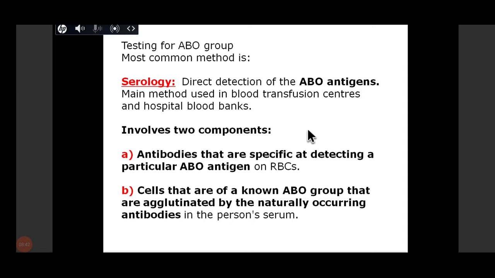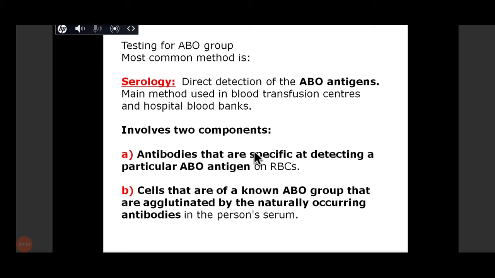What are the methods of detection of blood group? Okay, so how do you detect the blood group in such a patient? We detect it by serology, the ABO antigen method used in blood transfusion centers and in hospital blood banks. It uses antibodies that are specific at detecting a particular antigen on the red cells, or along with the known red cells.